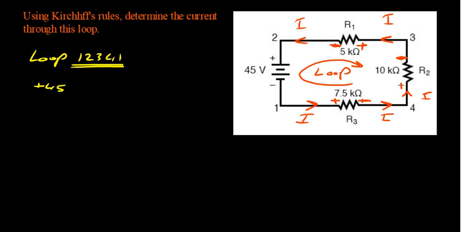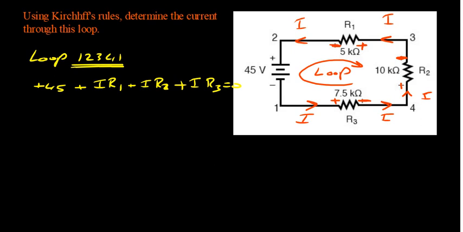So that will definitely be a positive I R1, because my loop direction is opposite to the current. Through R2, the same scenario, I R2, and for the last resistor, it is the current through resistor 3, and that will all equal 0.